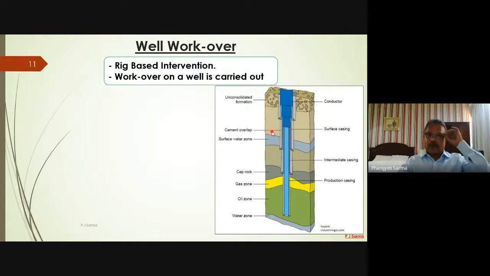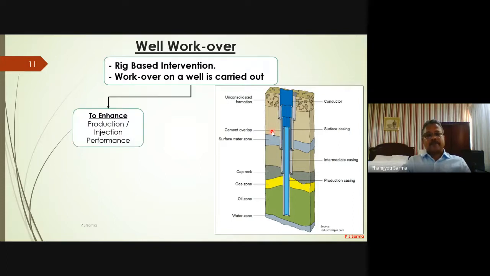Now coming back to the well workover. Well workover is a rig-based intervention, and in this picture you can see a cross section of the formation, where you can see the caprock, various formation zones, and the well cross-section has been depicted. The well workover is carried out either to enhance the production, sustain the production, or to sustain the injection.